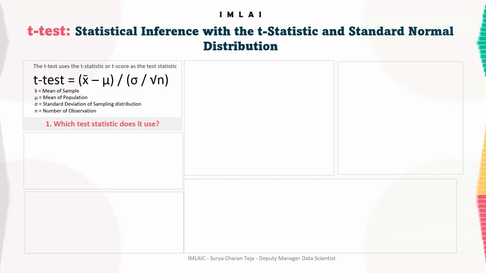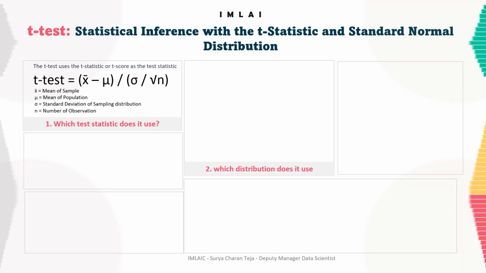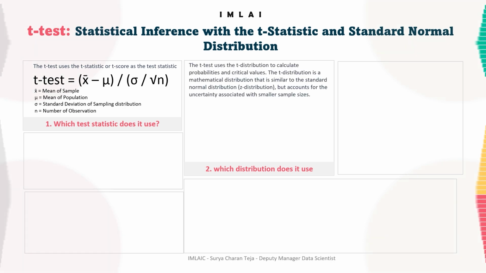And now the second question that I want to ask is, which distribution does it use? The t-test uses the t-distribution to calculate the probabilities and critical values.